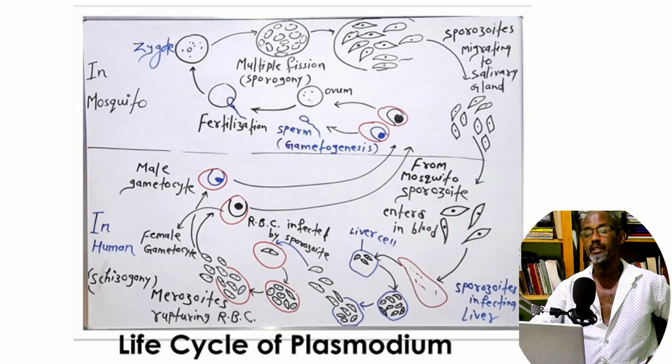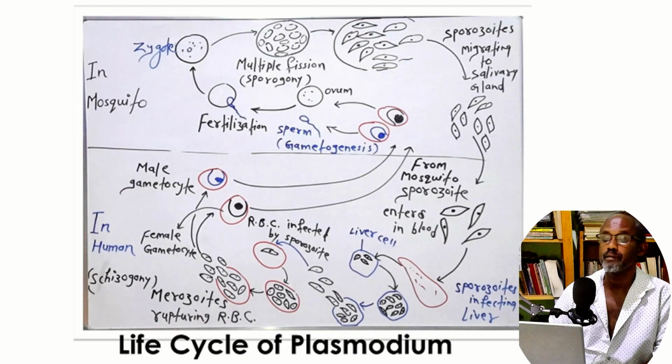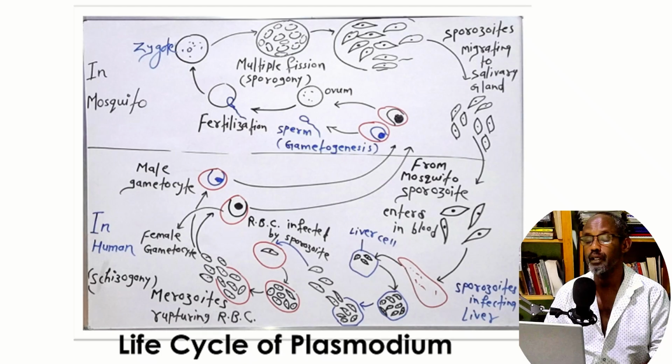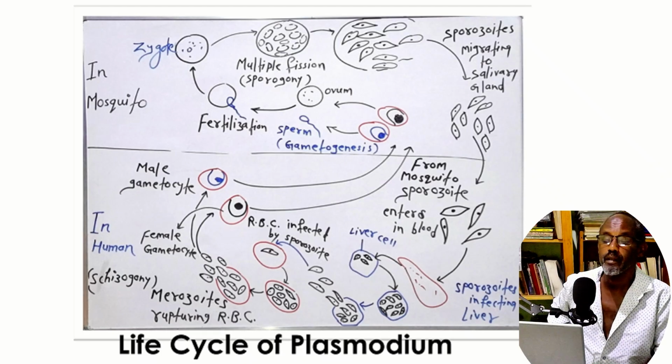Then, this is a rough diagram that shows you the life cycle of Plasmodium in the mosquito. The upper diagram shows the mosquito. You can see mosquito picks the male and female gametes while feeding blood from the human circulatory system. They fuse to produce zygote. There is fertilization here. Fertilization occurs inside the GI tract of the female Anopheles mosquito.